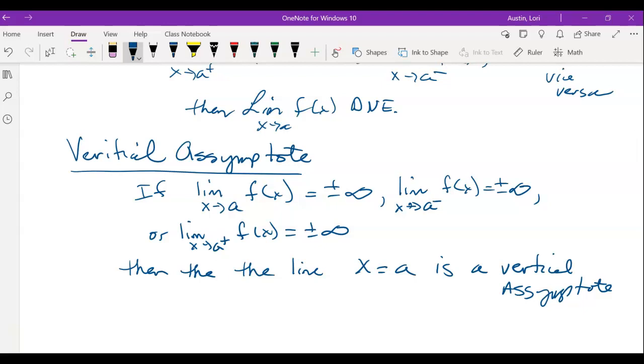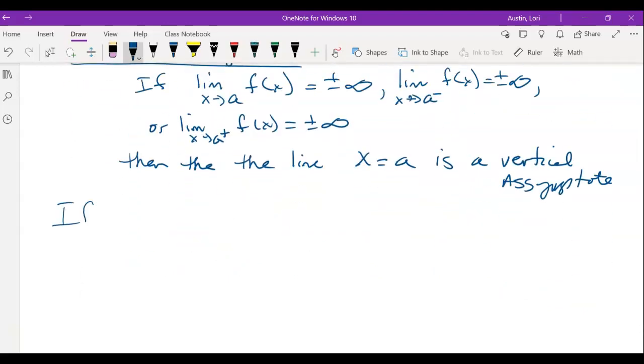And the other thing you can jot down for yourself if you want, just remember, if a factor in the denominator cancels with a factor in the numerator, you have a hole. If it does not, then it's a vertical asymptote, okay?